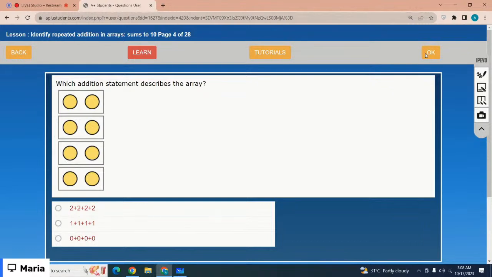So you have to do 2 plus 2 plus 2 plus 2. You need to add 2 four times. Option number 1 is the correct option. Very good.